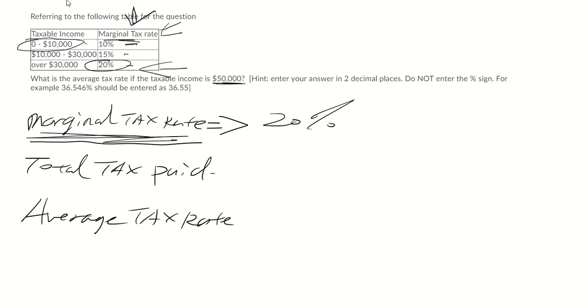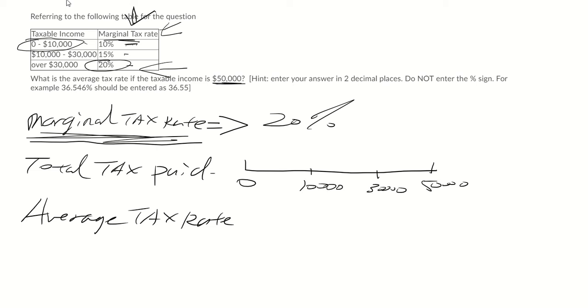The next one is asking how much is your total tax paid. If you look at the $50,000 income, from 0 to 50, we're going to divide the income into different sections, and each section will pay a different percentage for tax. So 10,000 and then 30,000.